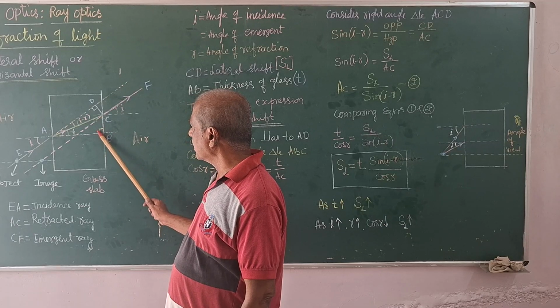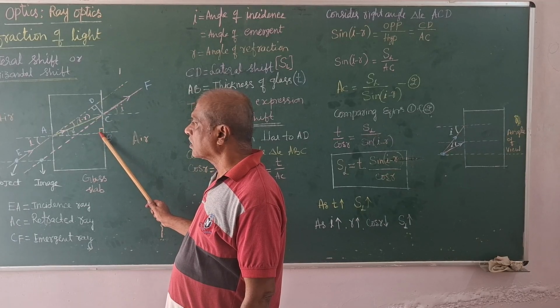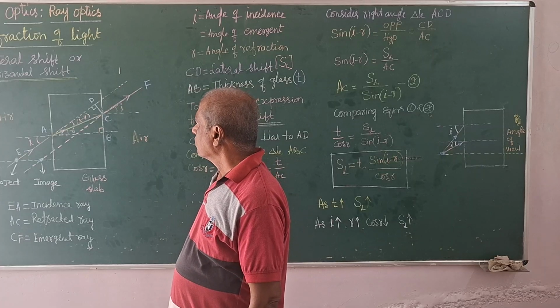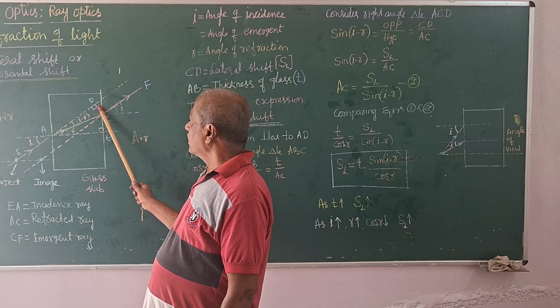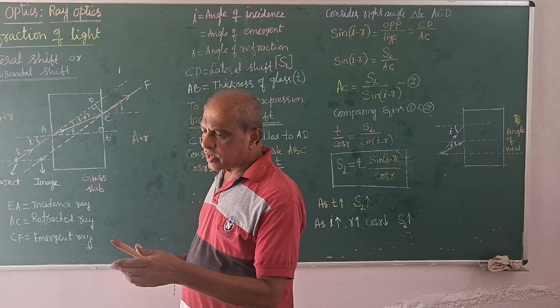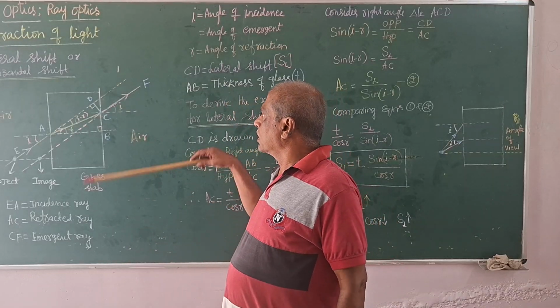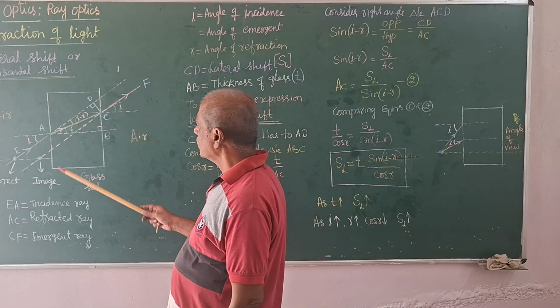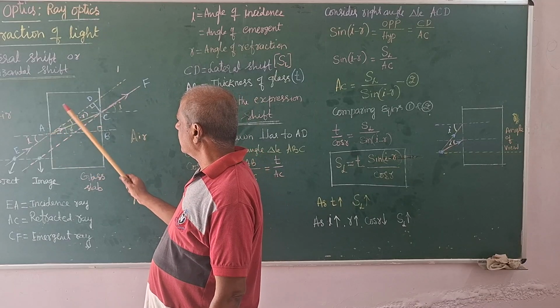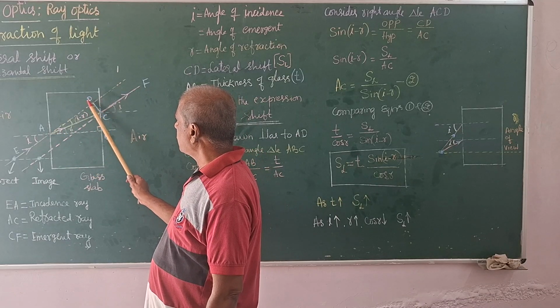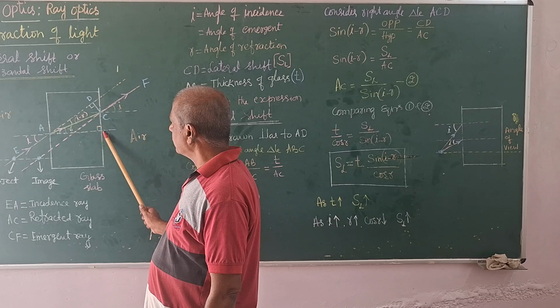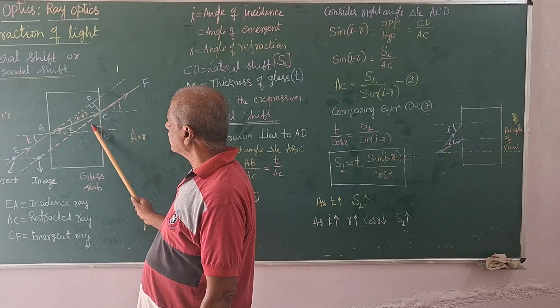It becomes a right angle here. With these drawings, we get two triangles. The triangles are right angle triangles. Let us name this point as A, this point as C, this point as D, and this point as B. So we have two right angle triangles.